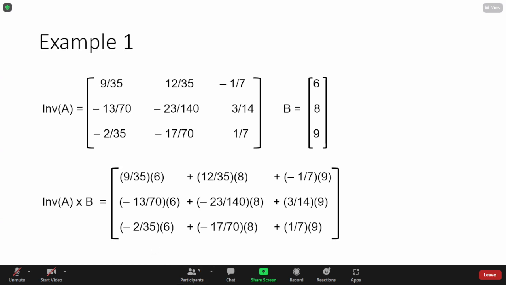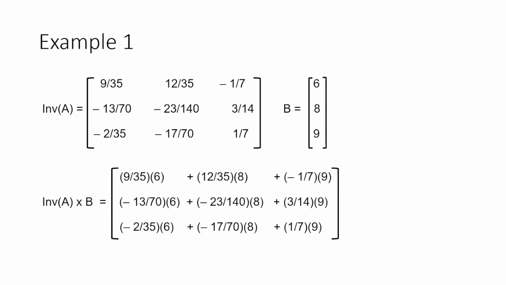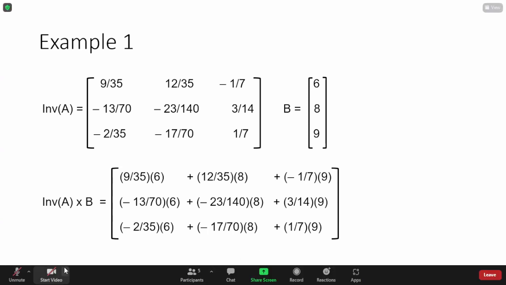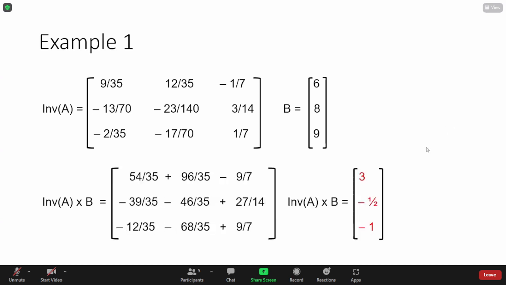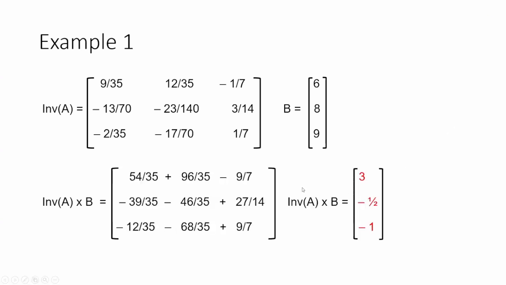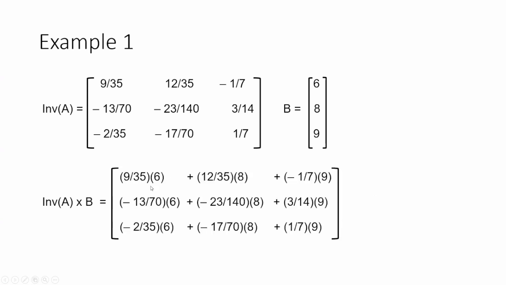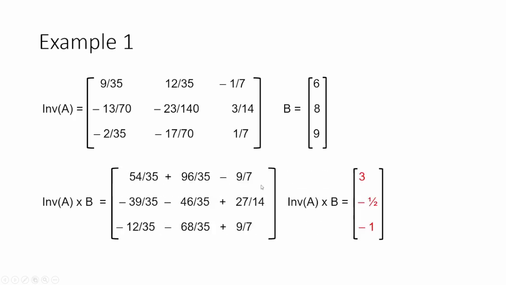Who will solve? Birang-birang has a calculator now. Sir, 54/35. This is 54/35, plus 96/35 minus 9/7. The answer is 3.